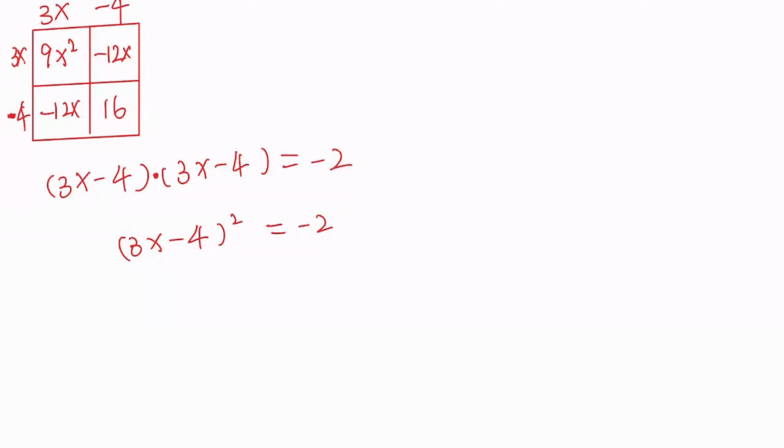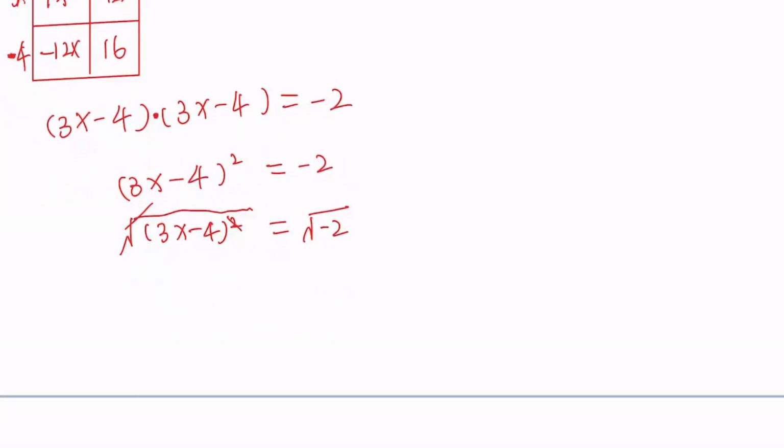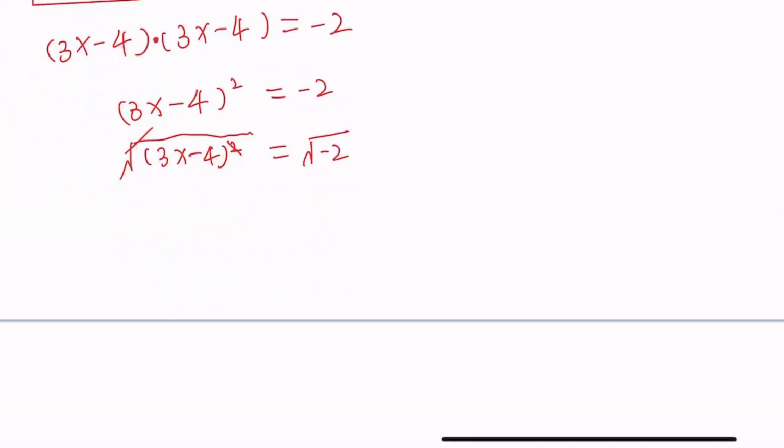Okay, let's take the square roots on both sides. So this is the square root of 3x minus 4 squared, so this square and square root cancel out. And on the right hand side, it's square root of negative 2. Okay, so now we need to figure out what's here. When we're taking the square root, first thing is that we need to add the plus or minus sign here, right?